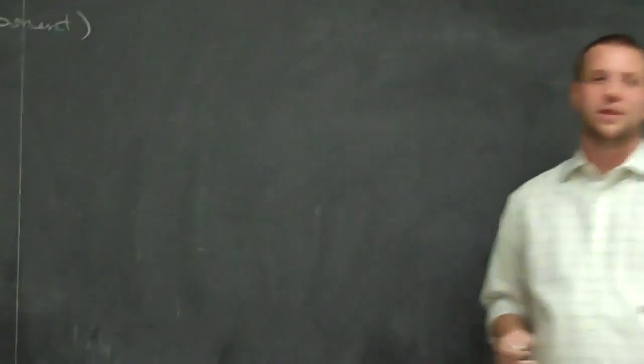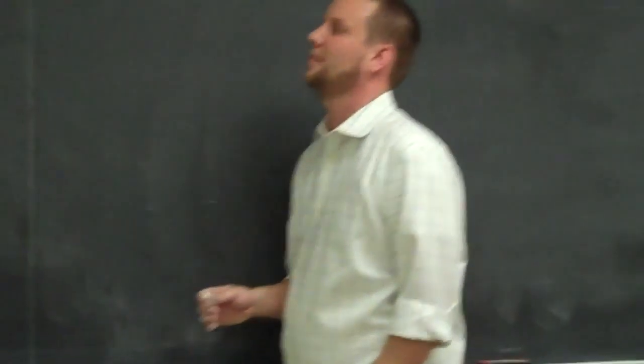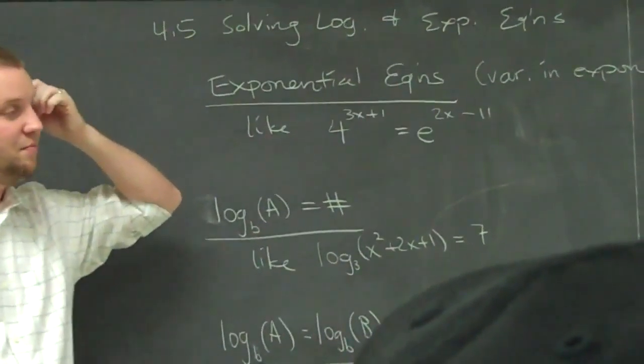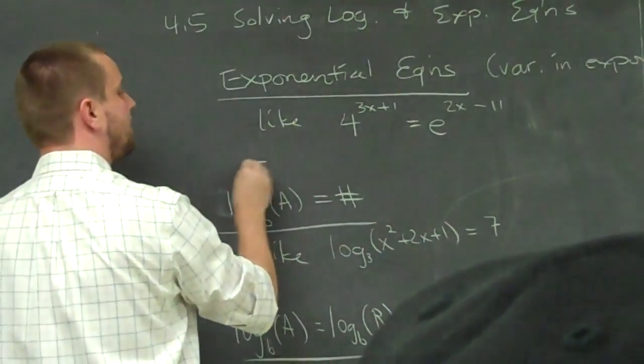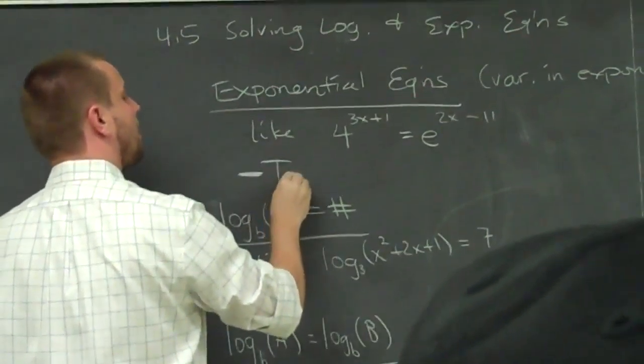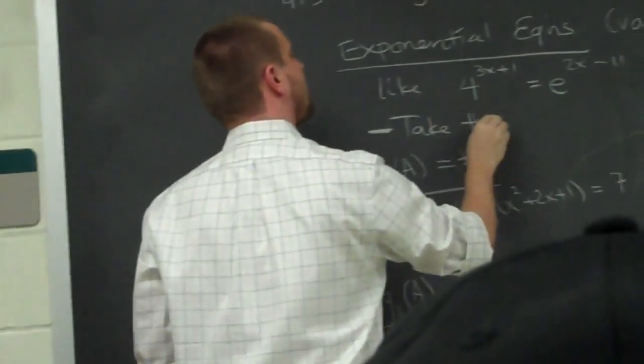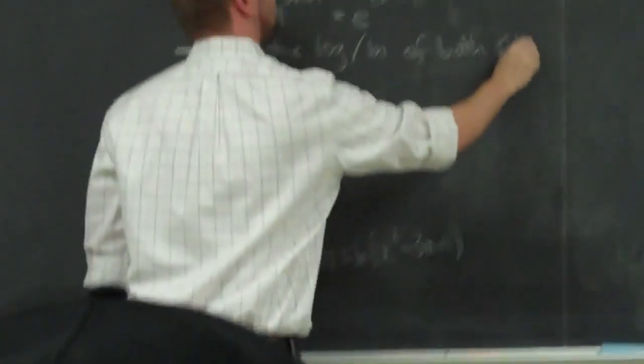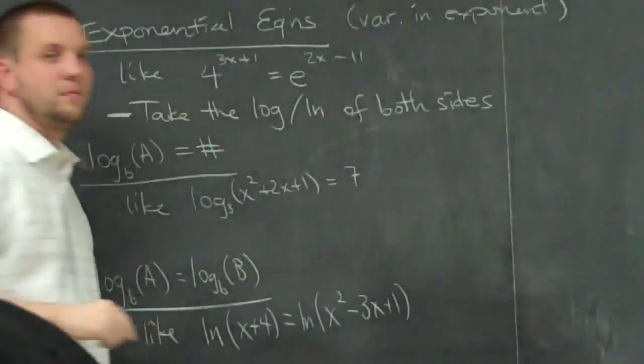Okay, so two more things I'm going to say. If we have exponential equations, the strategy that you are going to use is to take either the common log of both sides or the natural log of both sides. Okay, either one.